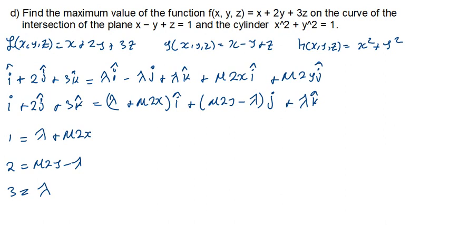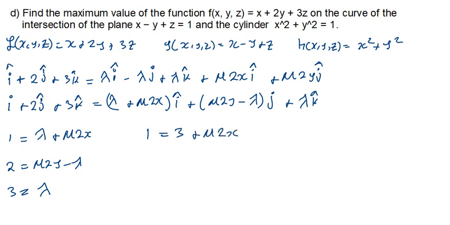Okay, so now we can determine what our value of x is and what our value of y is. For this part, I've found out that my lambda is a 3, so I just need to substitute in these two. So 1 is equals to 3 plus mu 2x.